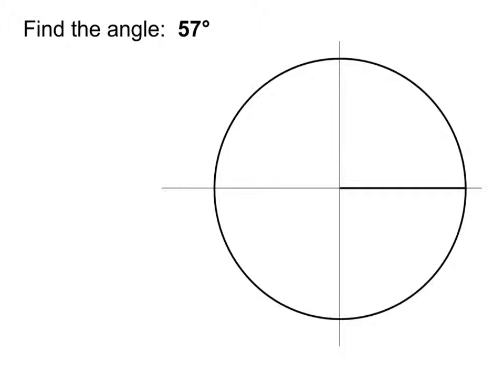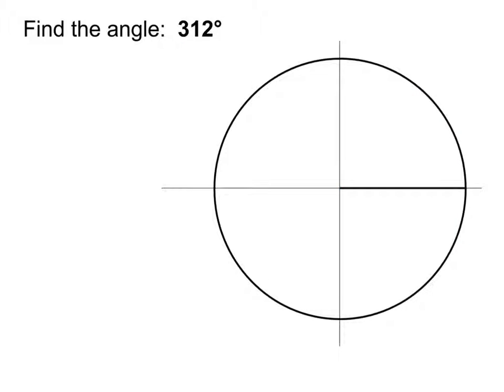Now, if I know it's in the first quadrant, it's just a matter of how far through it is. 57 degrees, is that going to be more or less than halfway through the first quadrant? Well, halfway is about 45 degrees, because that's half of 90. So yeah, that's going to be more. And so we would estimate that it's maybe right around here. It's a little bit more than the 45 degrees.